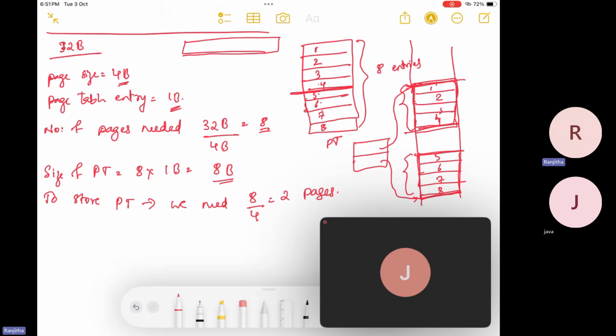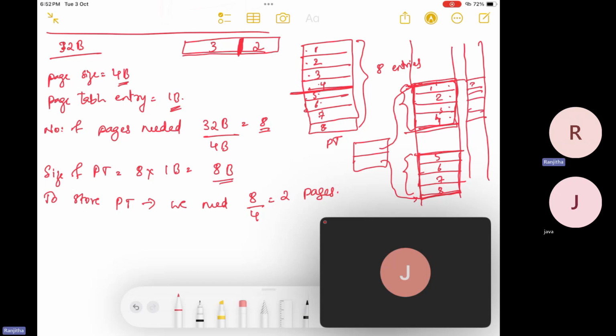Page size is 4 bytes, which implies 2 bits, and the other is 3 bits, because we have a total of 5 bits, with 32 bytes of memory. So these 2 bits help us identify the location within the frame, the offset.